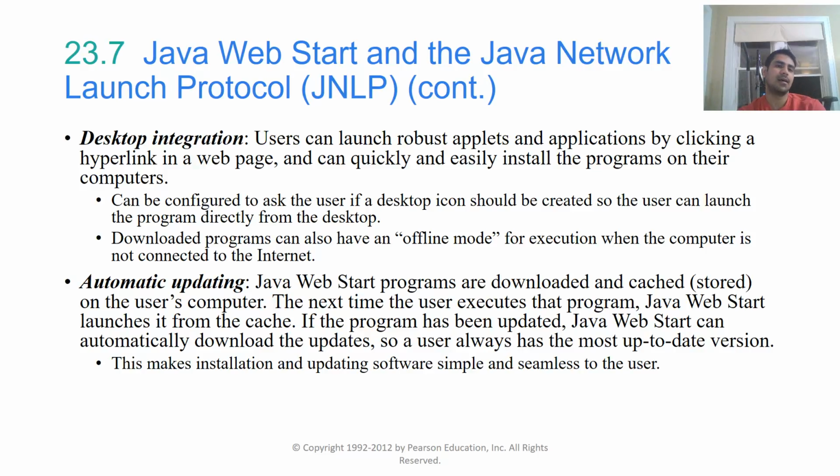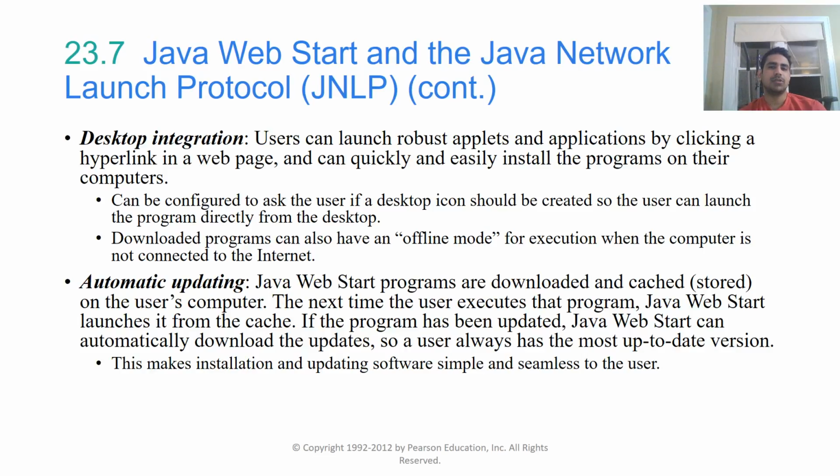This can be configured so that a desktop icon is created, and users can launch the program directly from the desktop. Downloaded programs can also have an offline mode for execution when the computer is not connected to the internet. Automatic updating: in Java Web Start, programs are downloaded and cached on the user's computer.